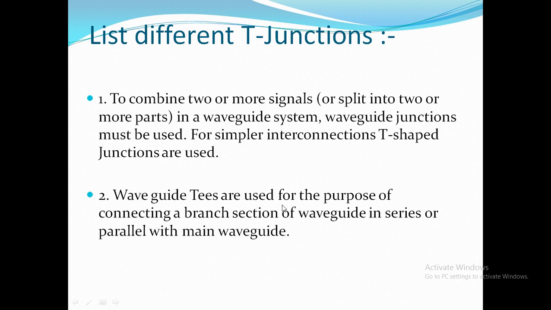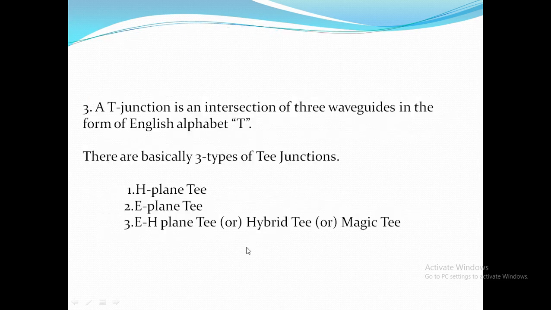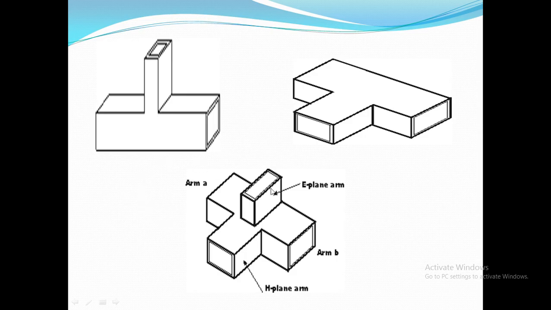Waveguide T's are used for connecting a branch section of waveguide in series or parallel with the main waveguide. The T-junction is an interconnection of three waveguides in the form of the English alphabet T. We have H-plane, E-plane and EH-plane T-junctions.